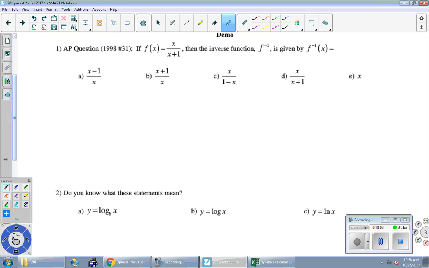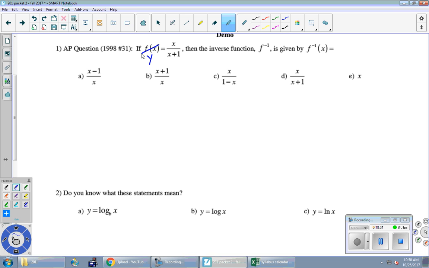This is an AP question. We're going to skip it just because I spent a long time on the trig thing. But in any event, if you want to find the inverse function, like as a rule, you guys remember this process from, I don't know, maybe college algebra? What's the first step? You swap, right, the x and the y, change rules. And then you solve your new equation for what letter? For the y, which is going to be buried.